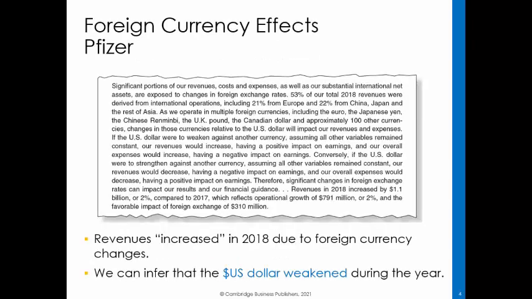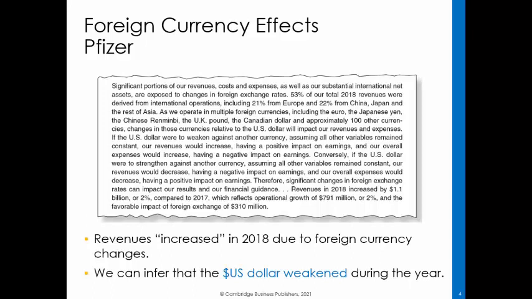Pfizer's income statement for 2018 reported an increase in revenues of $1.1 billion from 2017 to 2018. Pfizer explains in the footnote disclosure that changes in foreign exchange rates during 2018 accounted for $310 million of the $1.1 billion total.